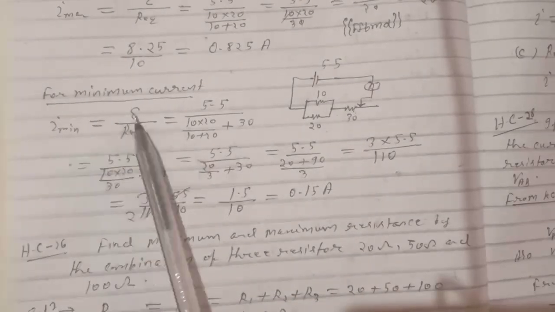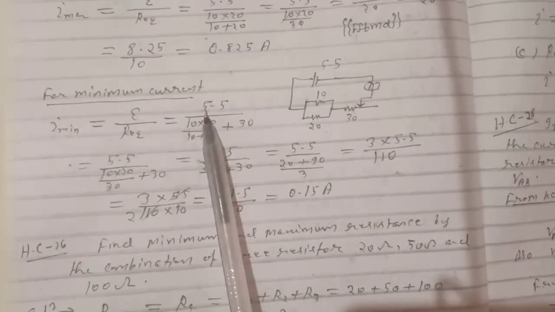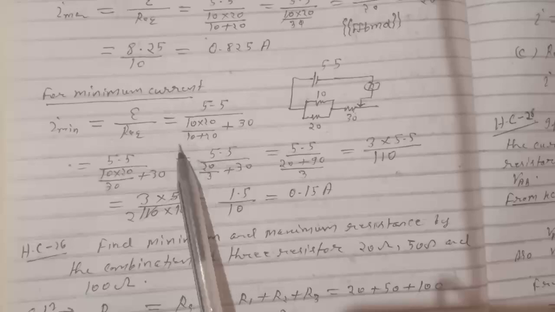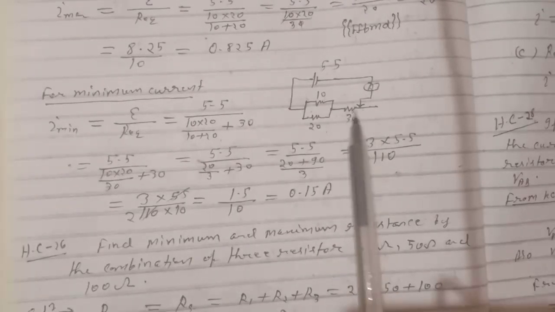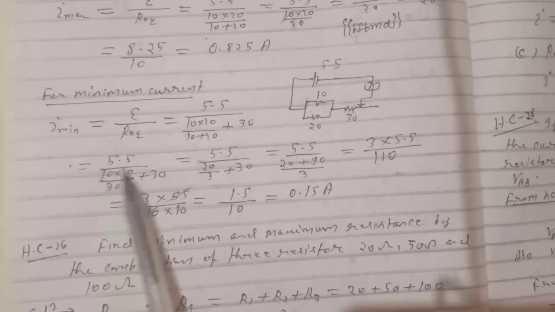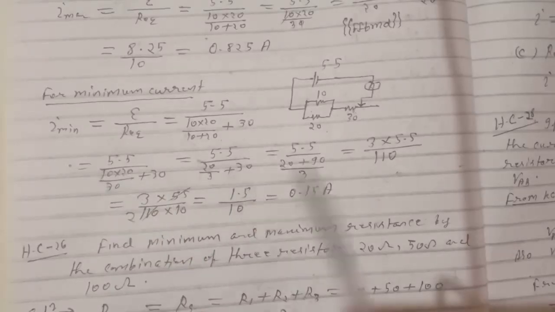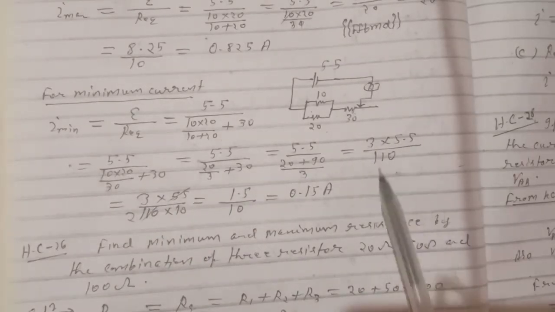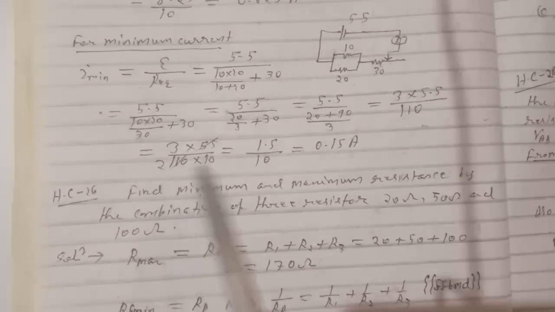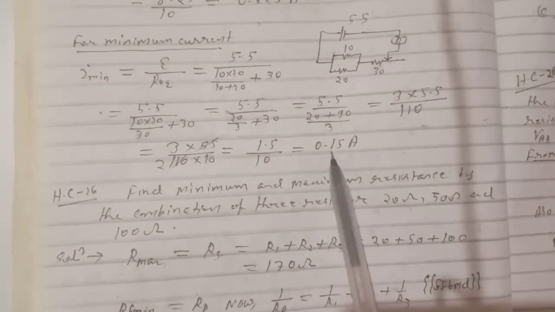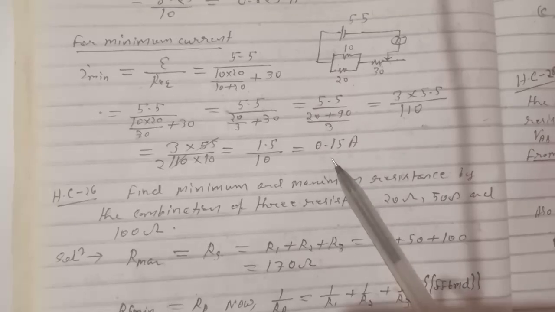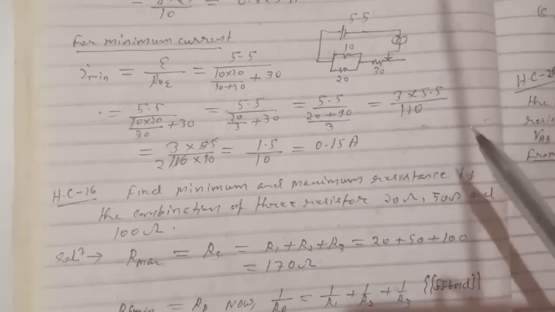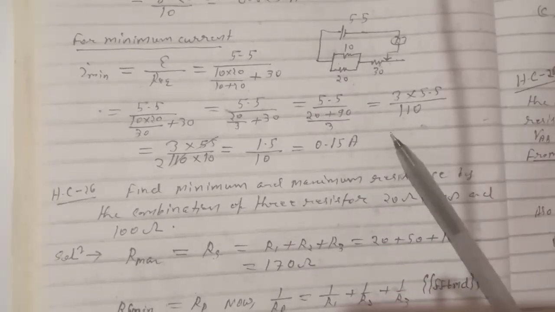So I min will be E by R equivalent, 5.5 by 10 into 20 by 10 plus 20, plus 30, because these two are in series. Solving, we have 3 into 5.5 by 110, or 1.5 by 10, equal to 0.15 ampere. So minimum current is 0.15 ampere and maximum current is 0.825 ampere in the given circuit.